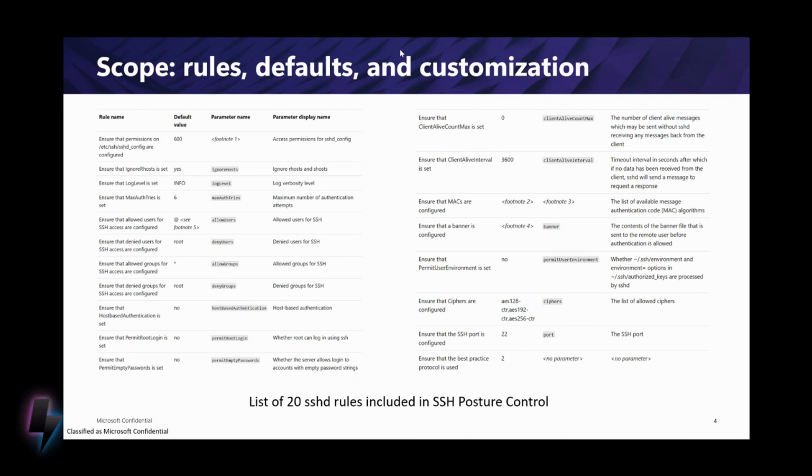But then it goes into other really important things that always should be considered when you're trying to reduce your attack surface, such as your MAC algorithms, your ciphers that are configured, ensuring that root login is set to no, ensuring that you can't just SSH into a machine with an empty password, ensuring your allow groups, your deny groups, and your allow users and deny users are set correctly, and that an attacker can't just brute force their way into a machine by sending 50 to 100 to hundreds of thousands of requests by setting your max auth tries.